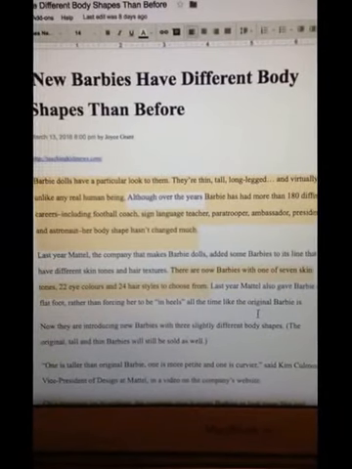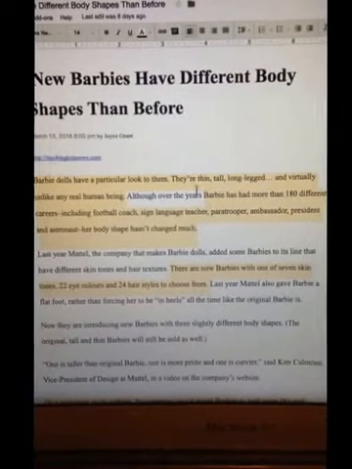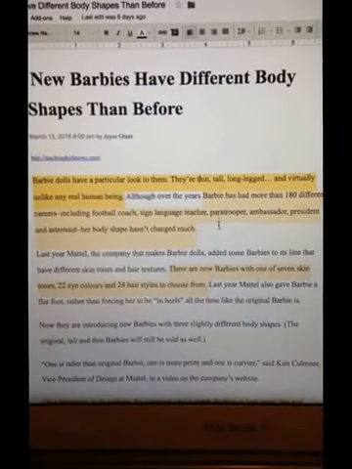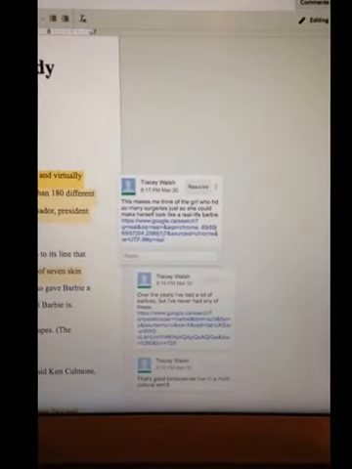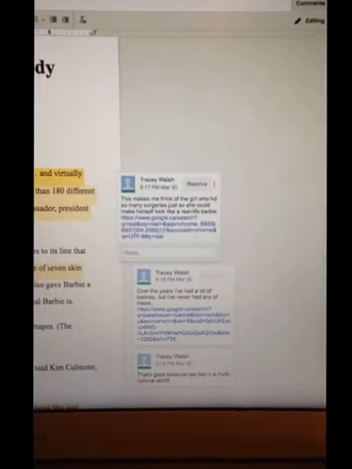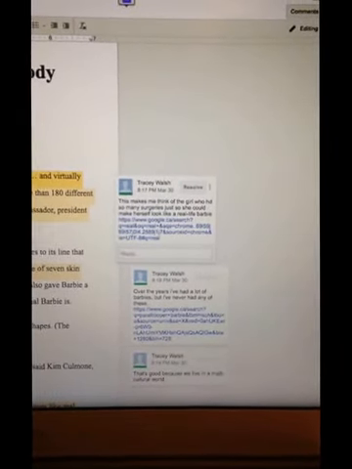Okay? So if we look at your first example, where Barbie dolls have a particular look to them. They're thin, tall-legged, and virtually unlike any real human being. And then we look at your, do you want to read your connection there? This makes me think of the girl who had so many surgeries just so she could make herself look like a real life Barbie.